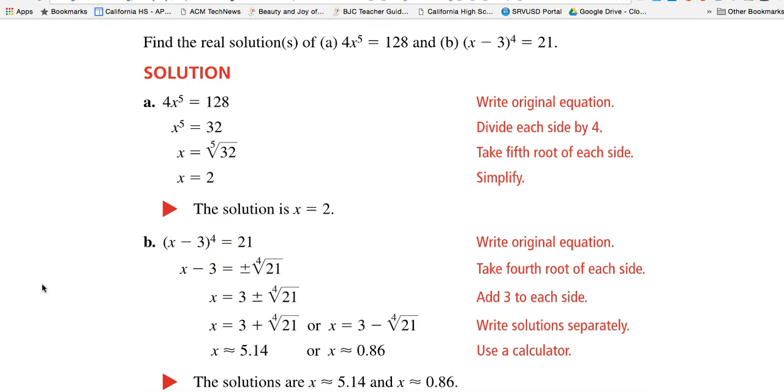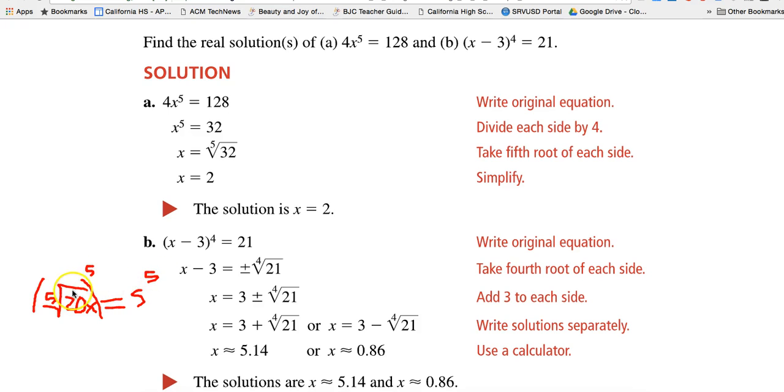Now, the same holds true if you had something like the 5th root of 20x equals 5. To get rid of this, you would take both sides to the 5th power.